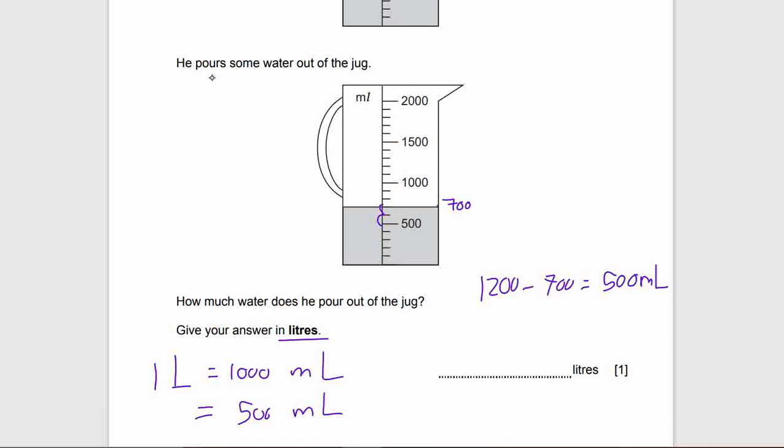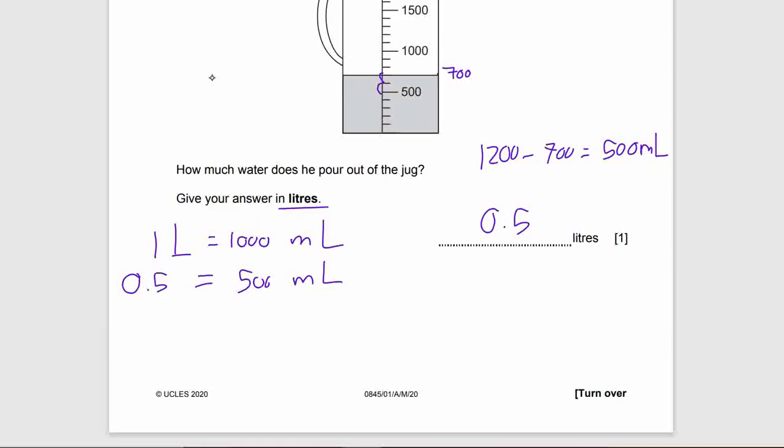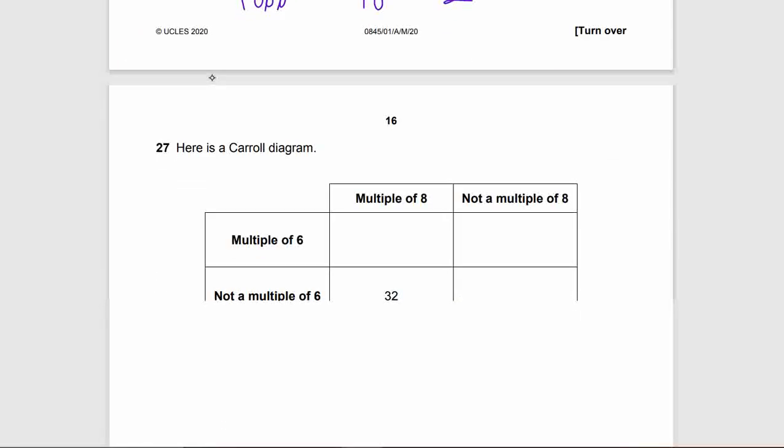It will be 0.5 liter, because 500 is just half of 1000. Or we can do 500 divided by 1000. And we cross out here 1, another 0, 5 by 10. 5 divided by 10 is half, or equals 0.5 liter.